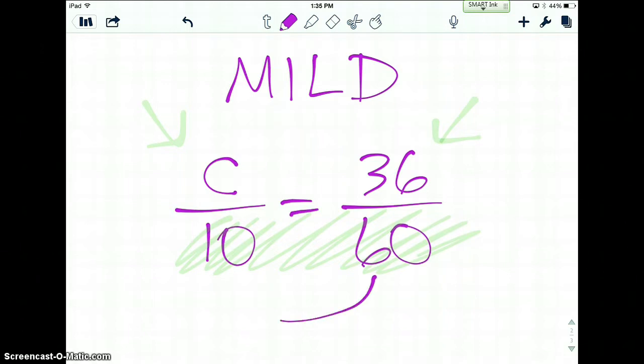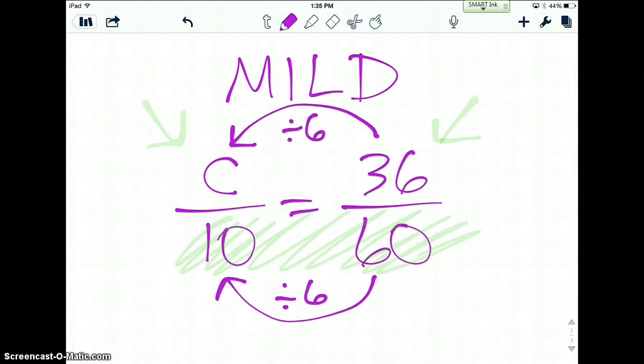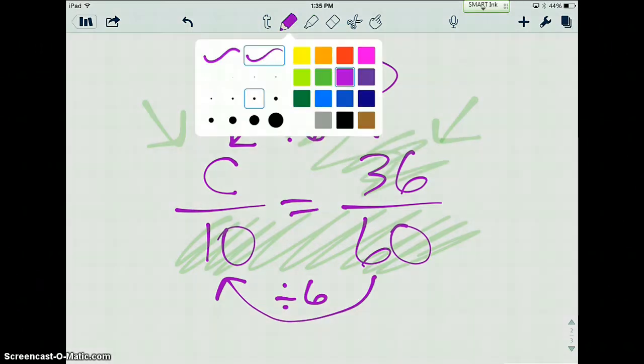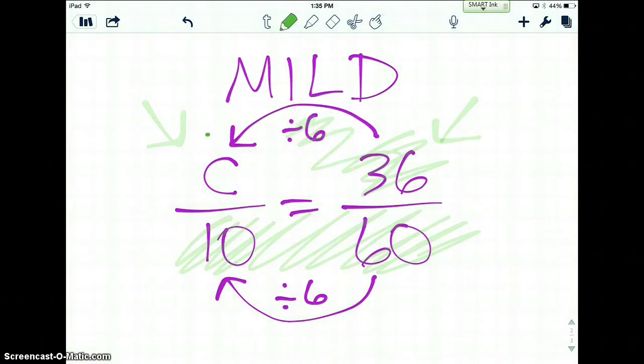To get from 60 to 10, how do I do it? Divide by 6. So I'm going to do the same thing. To get from 36 to the unknown C value, I'm going to divide by 6. And 36 divided by 6 is our C value of what? 6.